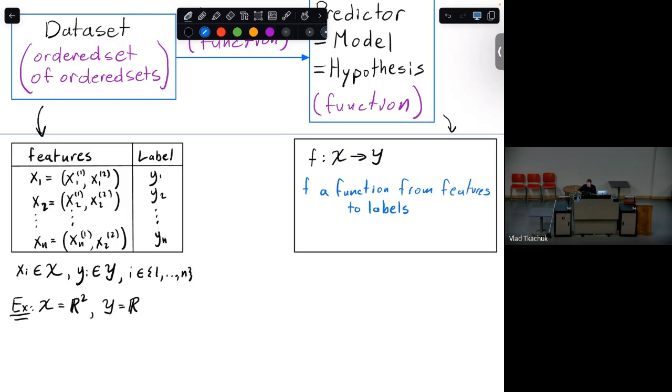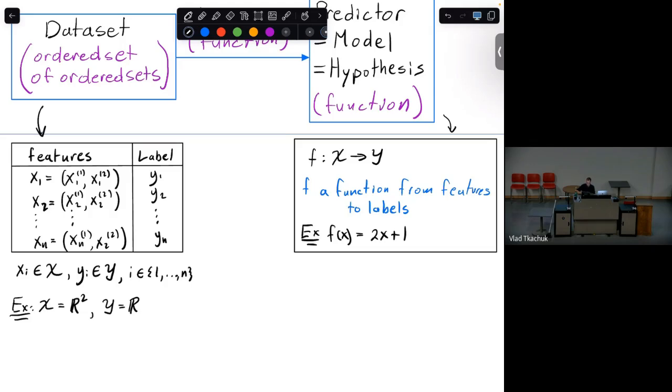Okay, and maybe one example is something like f of x equals 2x plus 1, let's say, just like a function. Maybe we saw this last class, it's just like a line, right?